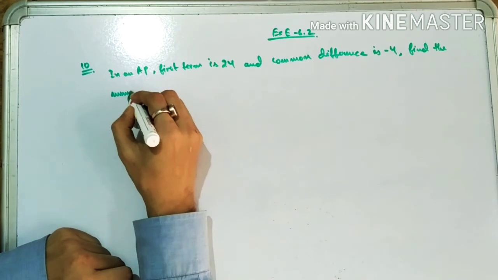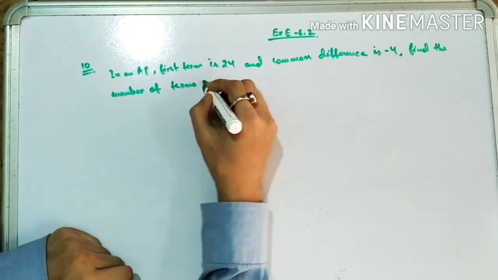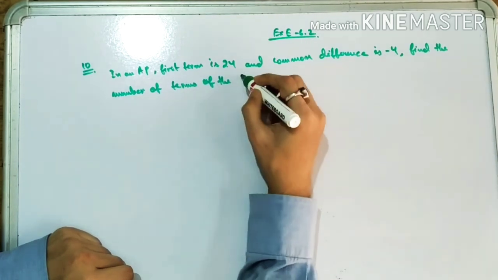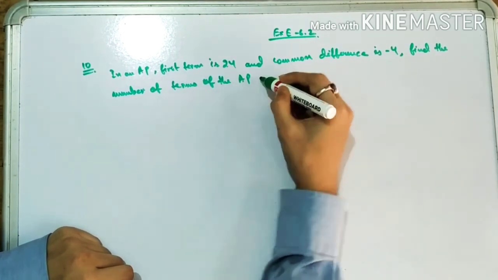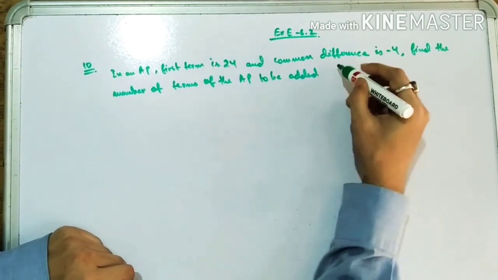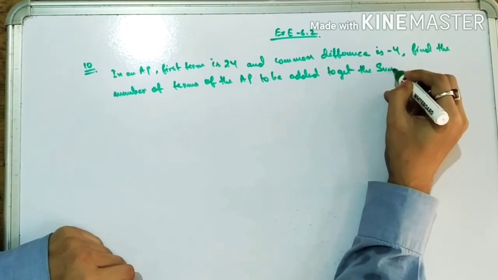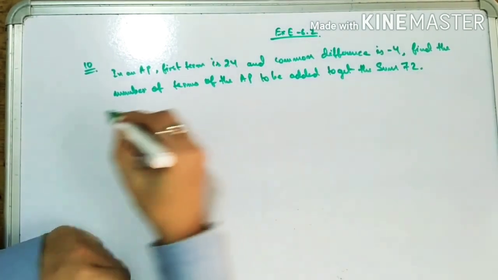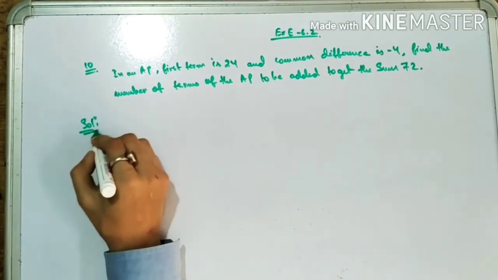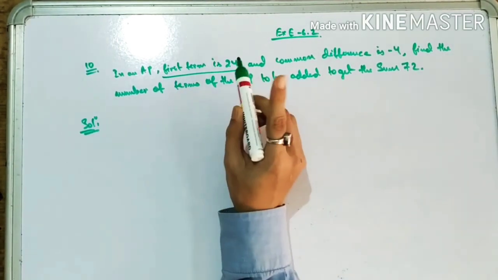I have to find the number of terms of the AP to be added to get the sum 72.